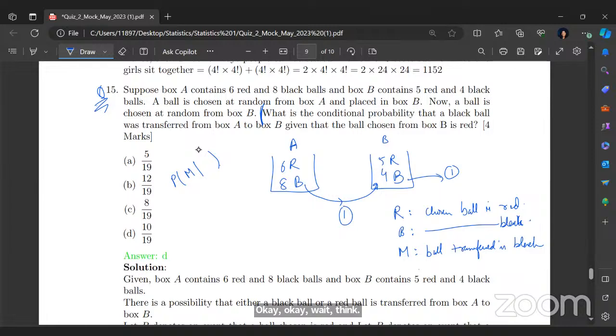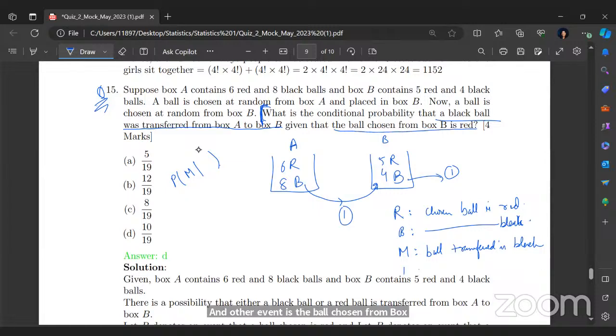All right, let's look at the question again. Here the question is asked, what is the conditional probability that a black ball was transferred? So we can define this as one event. So one event is a black ball is transferred, and the other event is the ball chosen from box B is red.